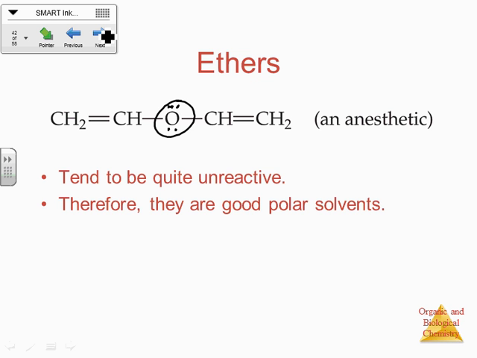But because they're fairly unreactive, you can dissolve stuff in it, like dissolving stuff in water. So if for some reason you don't want to use water as your polar solvent, ethers can take that place. So again, the main thing you're looking for here is this oxygen in the middle, okay?